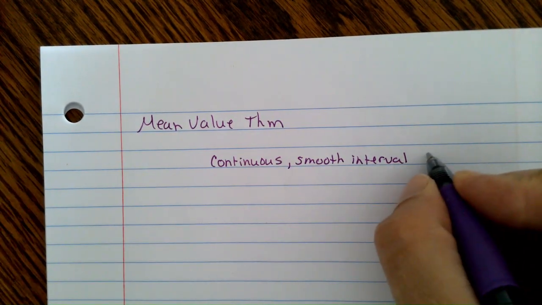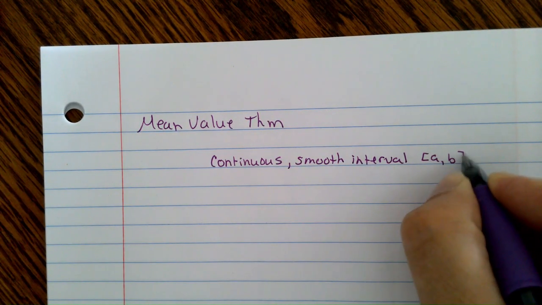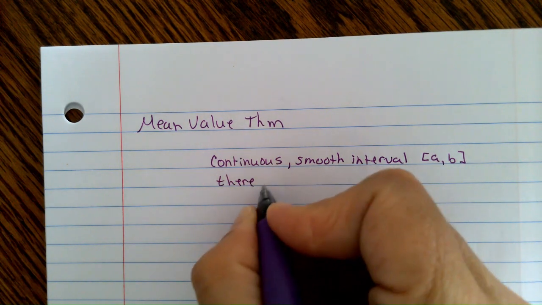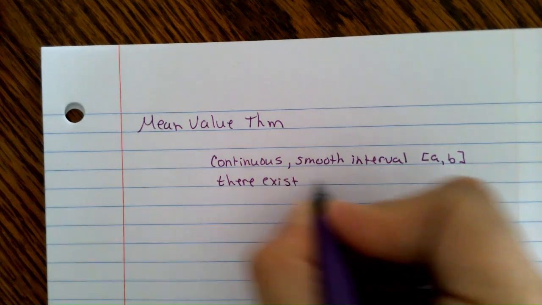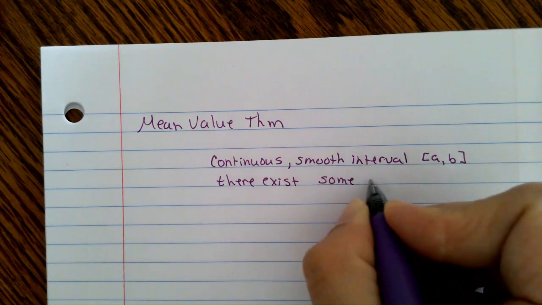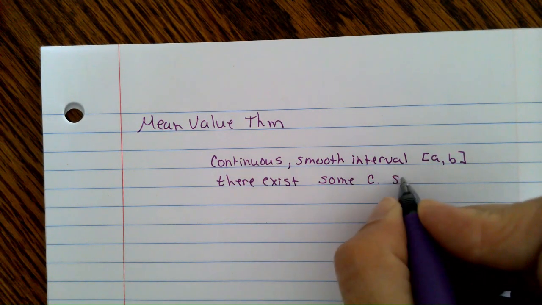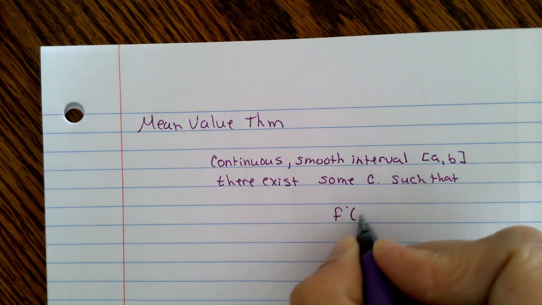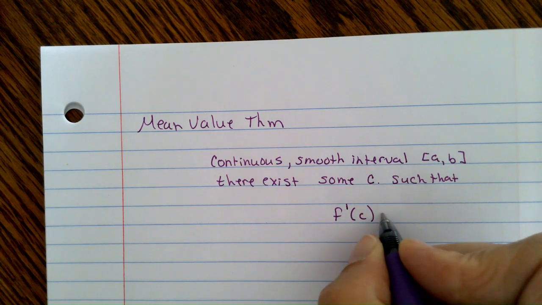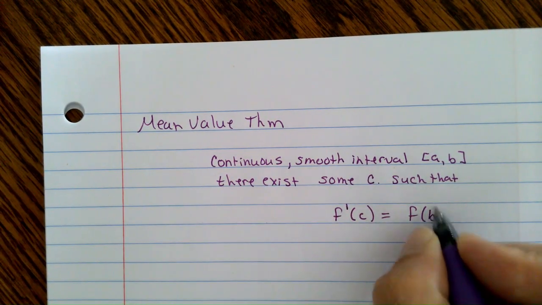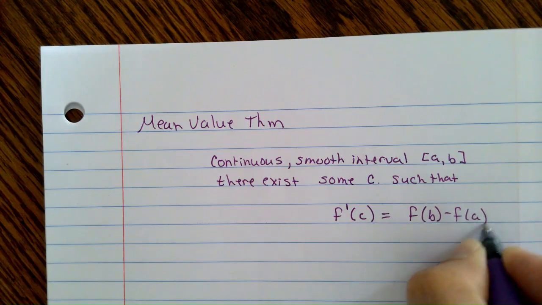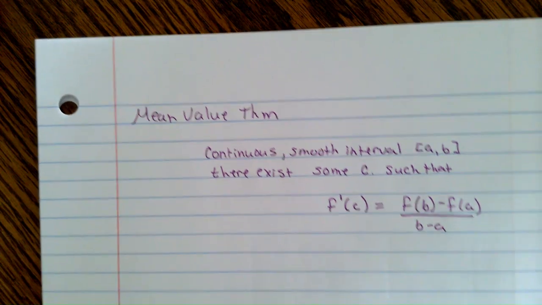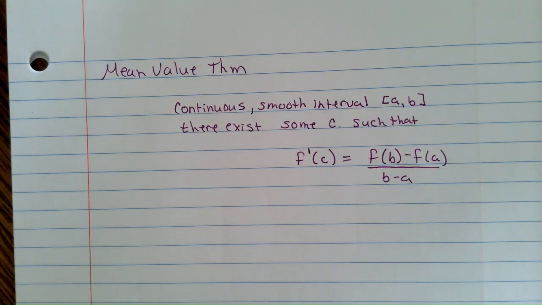So on A to B, right? There exists some C such that the derivative at C is equal, okay.